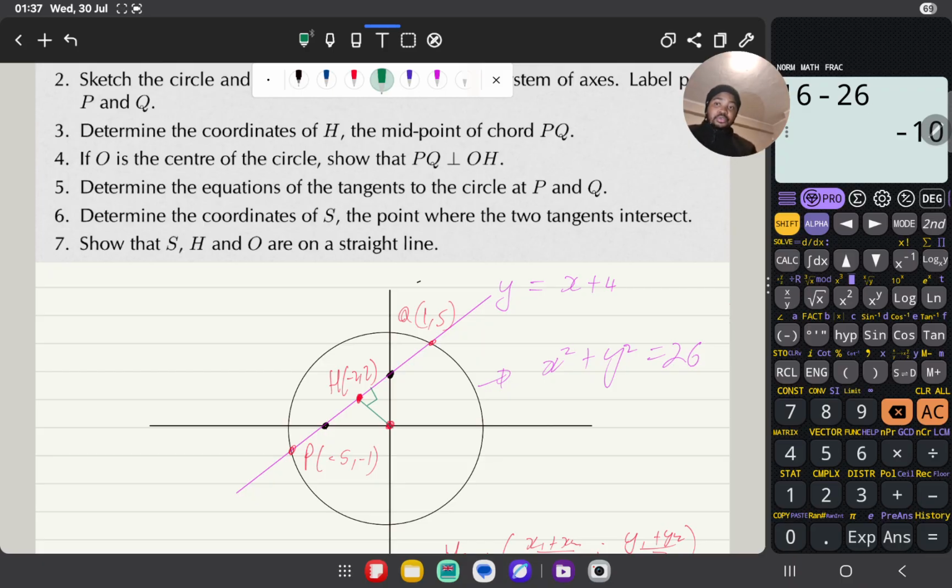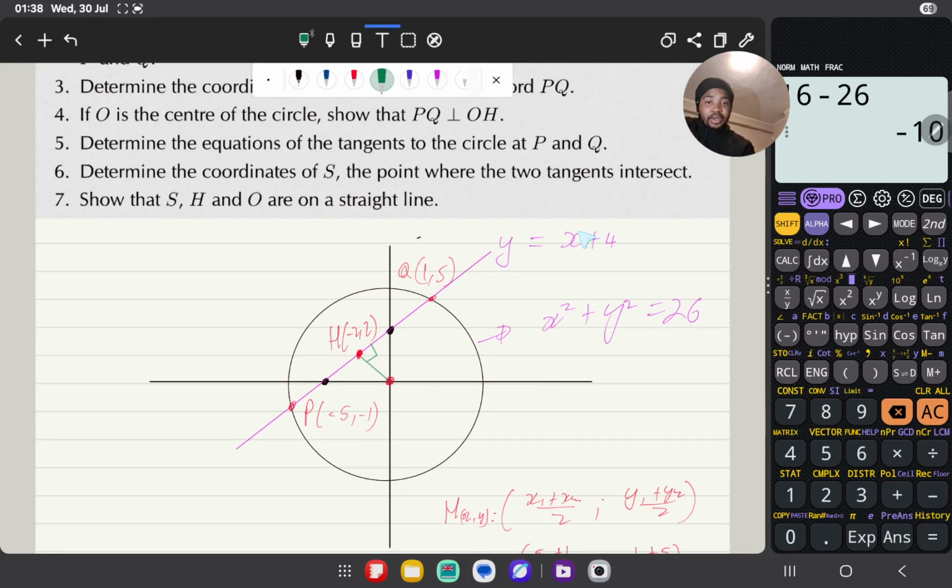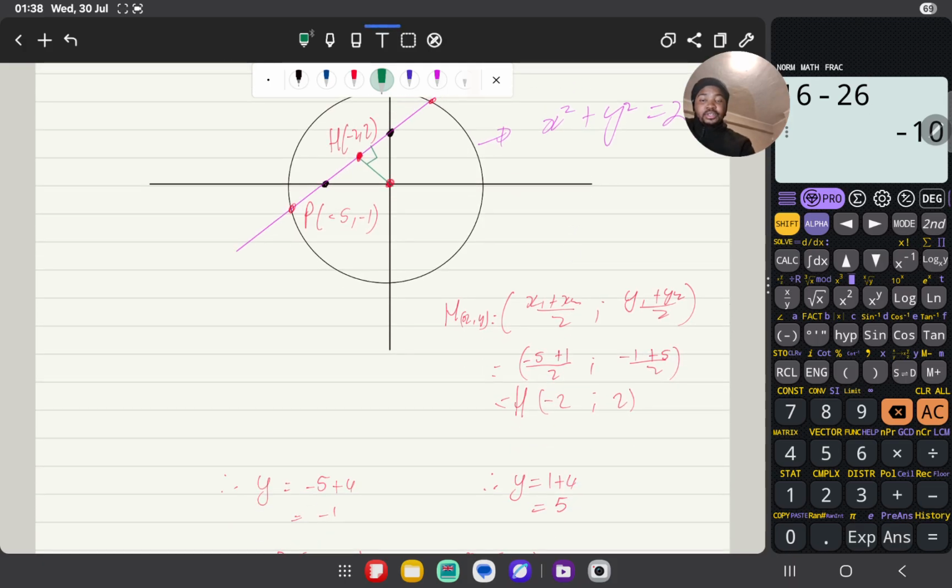So how do we do that? We have the point for the center, which is 0, 0, and we have this point. With them we can find the gradient of this line, and we already have the gradient of PQ. So let's find the gradient of HO.